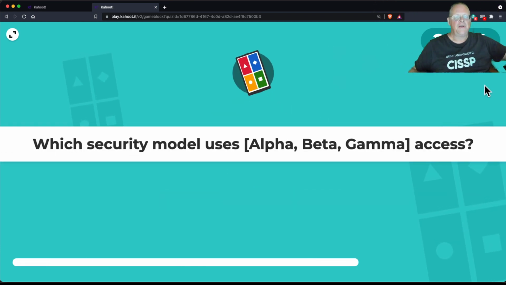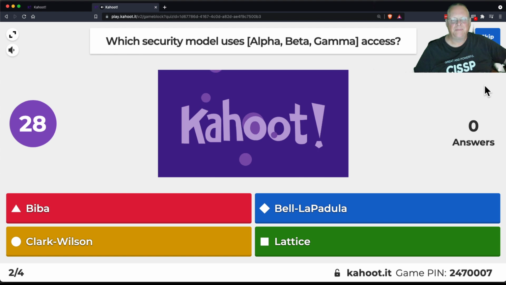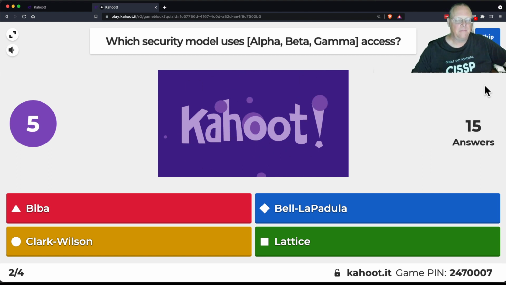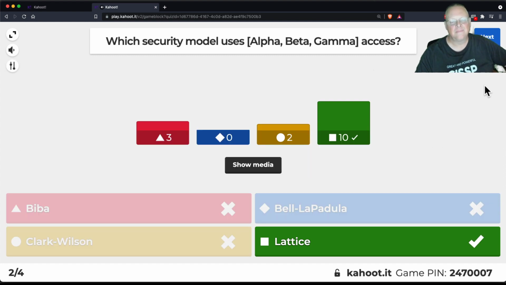Which model uses this alpha, beta, gamma stuff? All right, that's lattice.